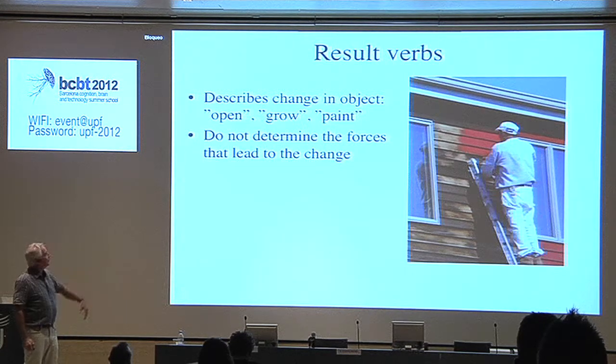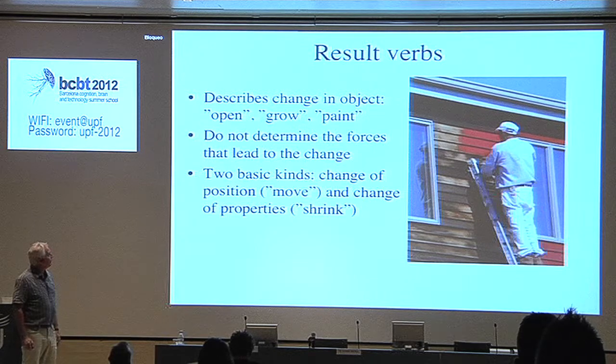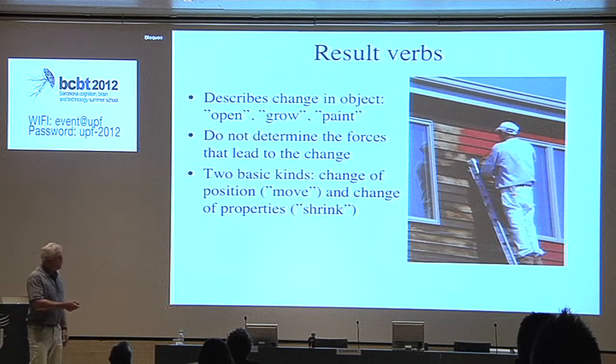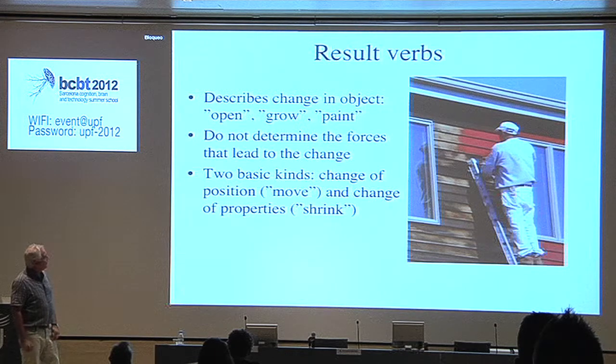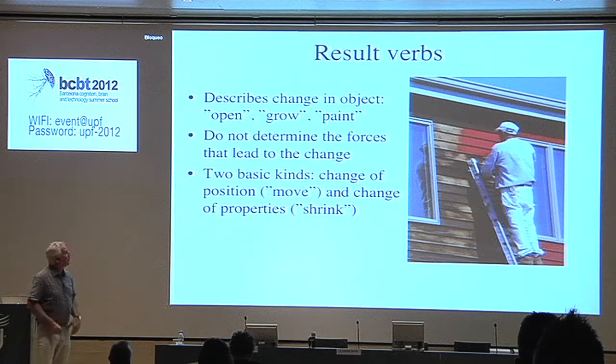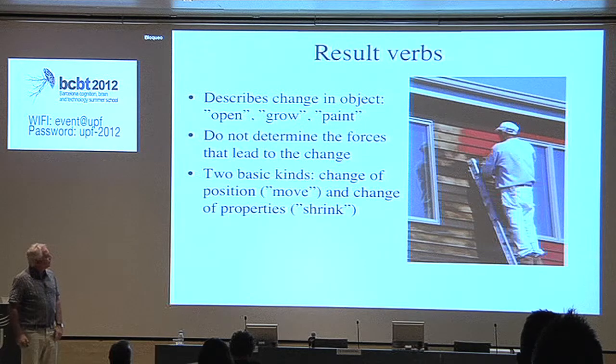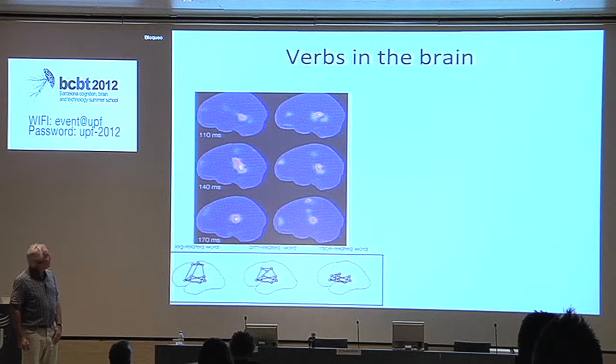It doesn't determine the forces, it's just describing the result vector. And you can divide them into two different kinds: move and change of position, like move and open, or change of properties like heat or shrink or paint or grow. So there are two subdivisions of the result verbs.